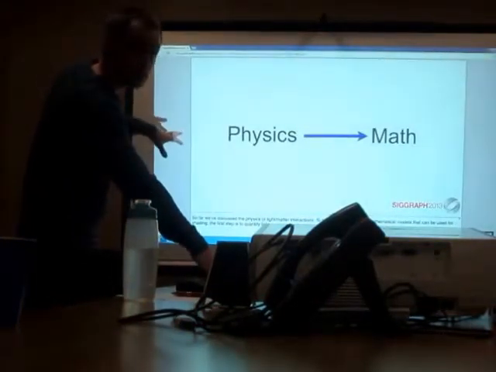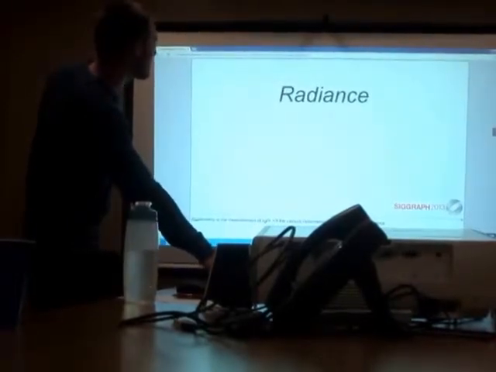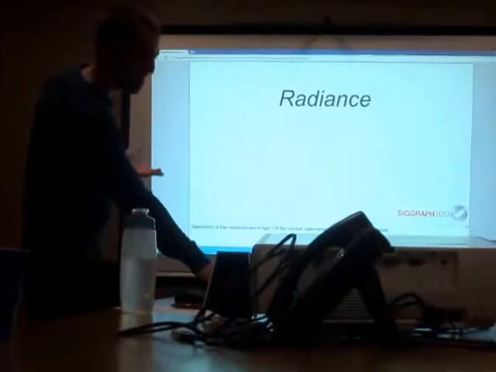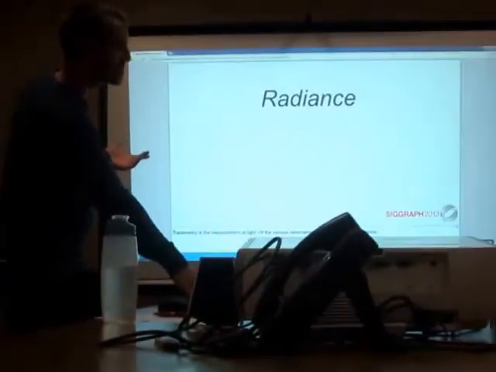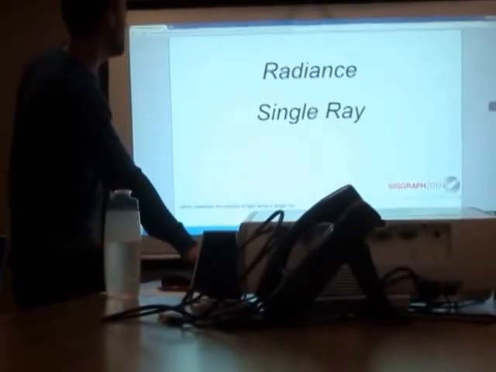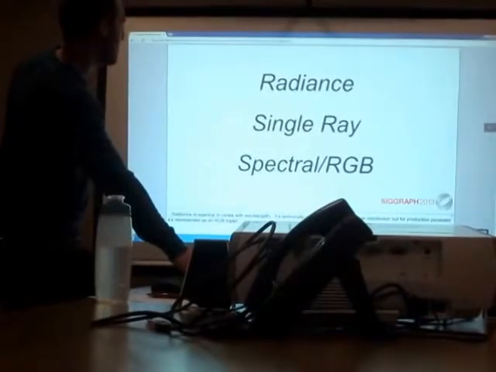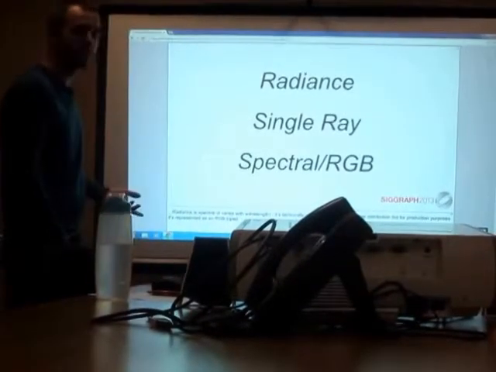So this is the part that you guys came for, right? It's the math. The term that all of these formulas use is radiance, the measurement of how bright the light is coming in at a certain angle, which measures the intensity along a single ray direction, and it's spectral, so it's a color value.